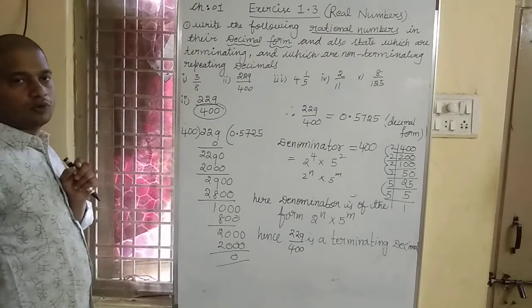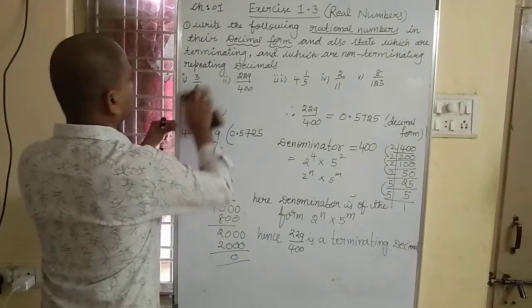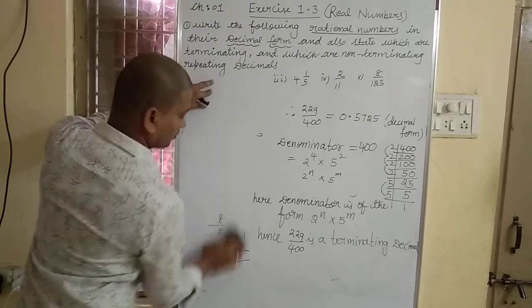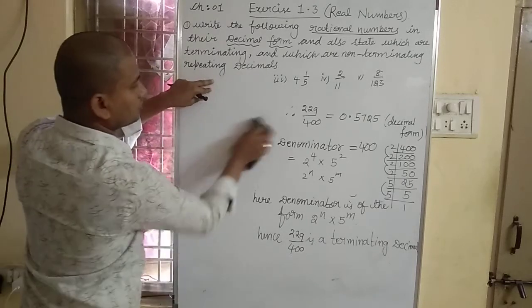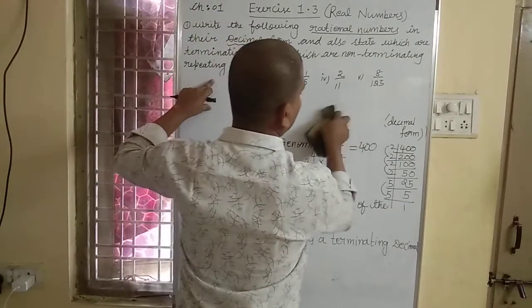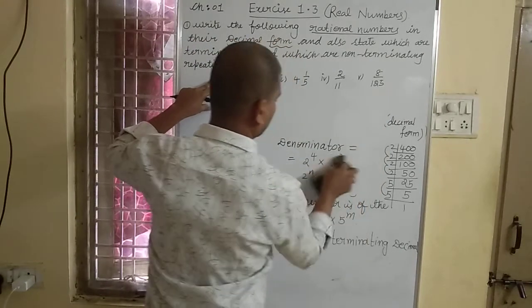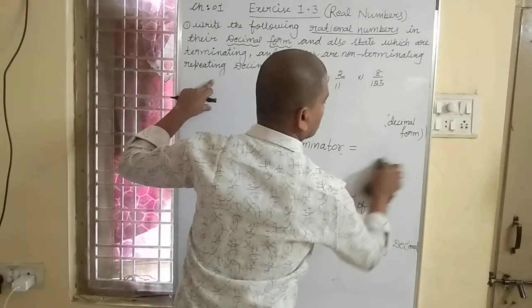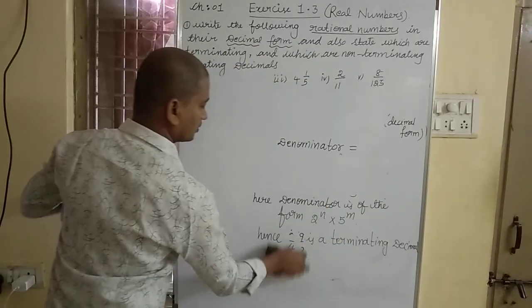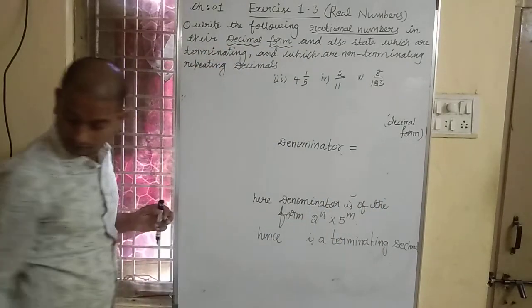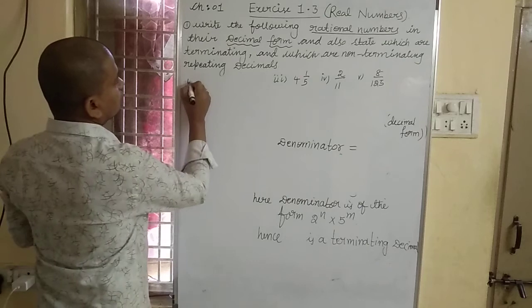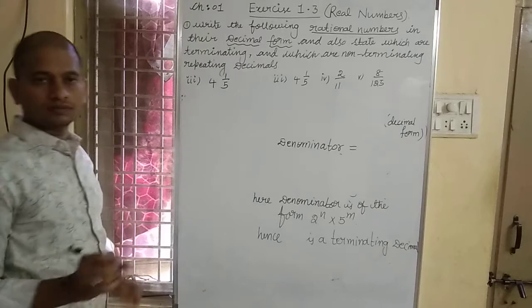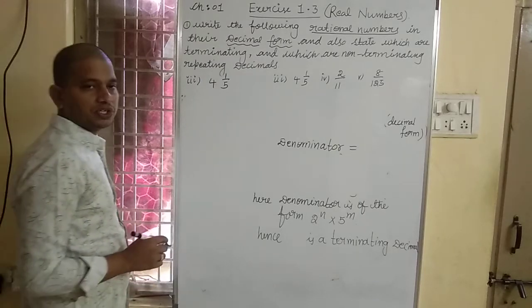The third question is 4 and 1 by 5, which is in mixed form.